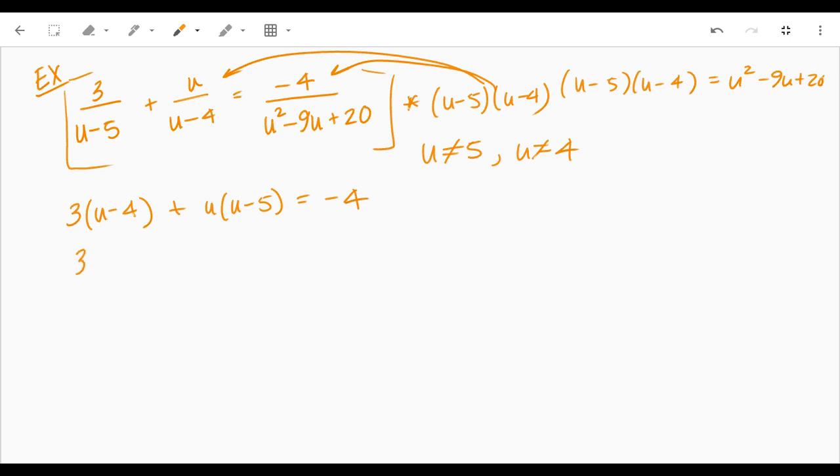All right, expand. Get everything to the side that has the squared term on it. So we'll have u squared plus 3u minus 5u, so minus 2u, and then minus 16. Oops. Plus 4, so minus 8.